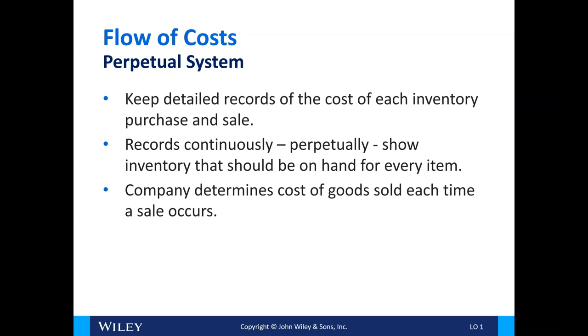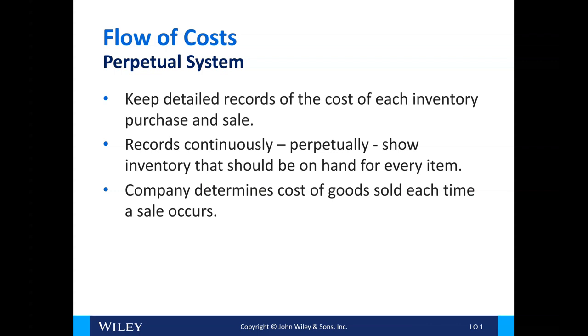A perpetual system means that every time you get inventory or you sell inventory, you will record that. So theoretically, at any time, you will know how much is in your inventory. Now, I just went up to Home Depot and I built some shelves. So I wanted what's called a shelf spoon. And I like Home Depot because their app shows how much they have in inventory. But it was wrong. They had zero in inventory, where it said they had 30.